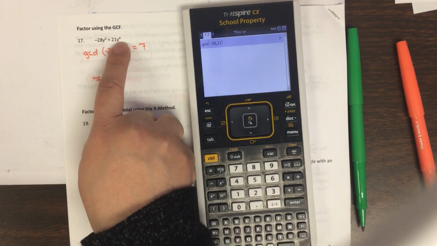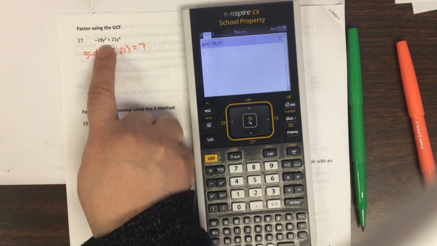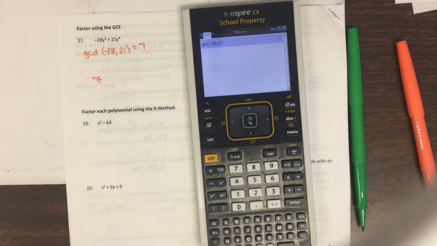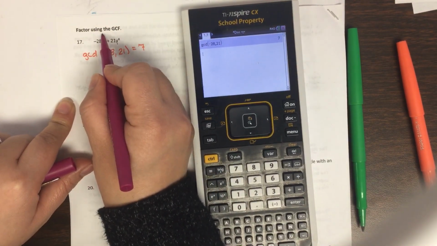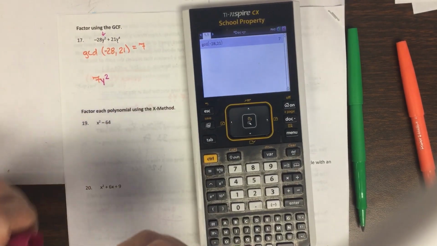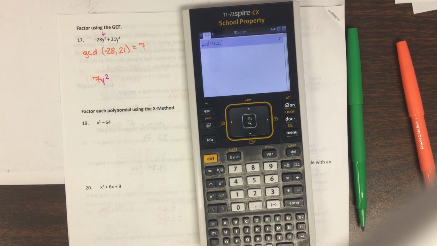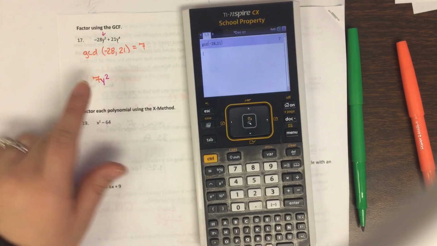They have the same variable. They both have that y. So then I look at the exponents, and I want to take the one that has the smallest power. So between y squared and y to the 4th, that y squared has a smaller power. That's the one that's going to be factored out. So my GCF of these two terms is going to be 7y squared.